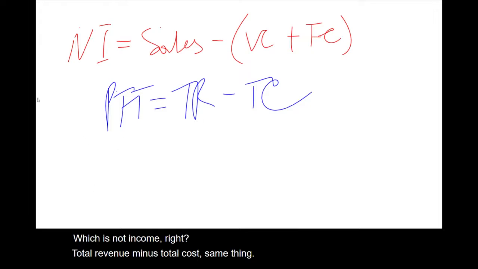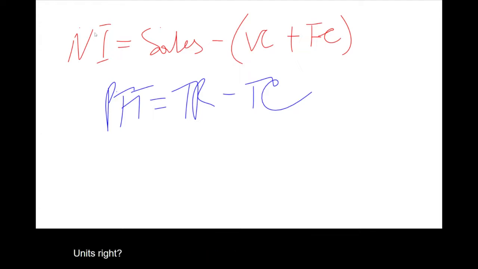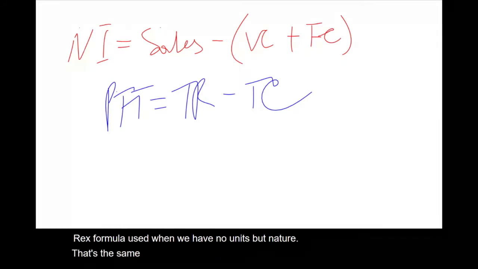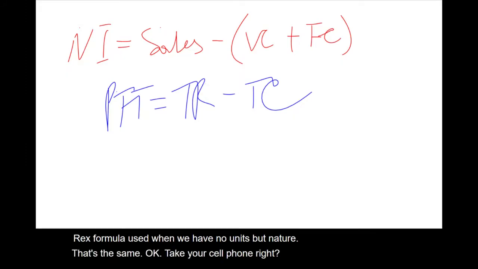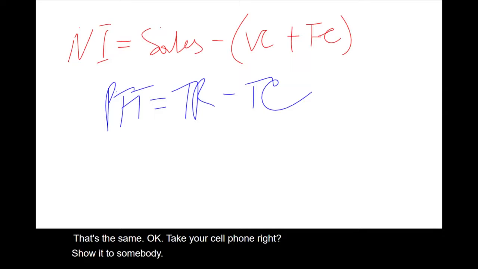The blue formula we use when we have units, right? The red formula is used when we have no units, but the nature is the same. Take your cell phone, right? Show it to somebody. You see the screen, the other person sees the back of the phone, right?